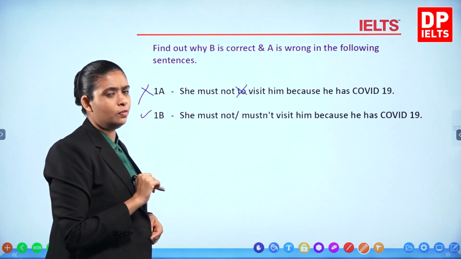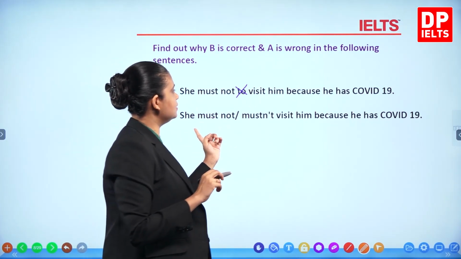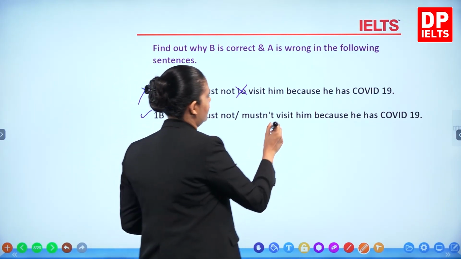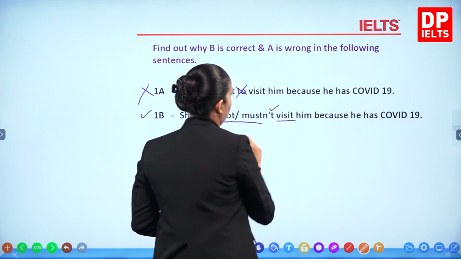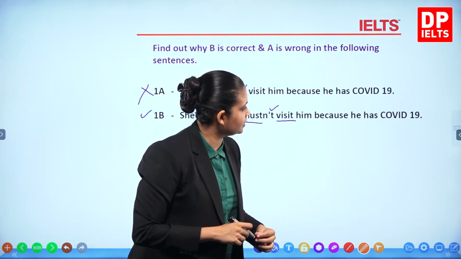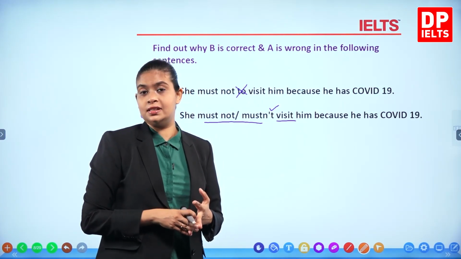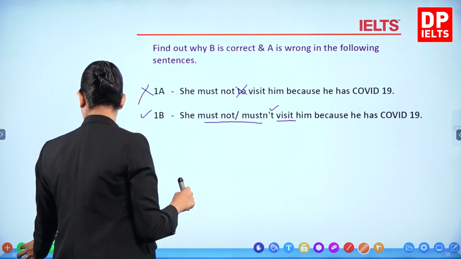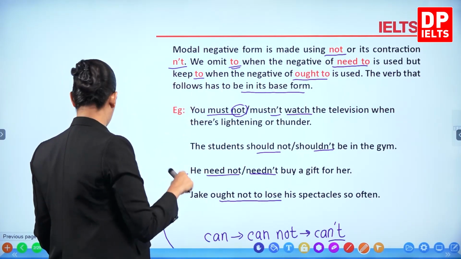The negative form, remember, we don't need it. So, she mustn't or must not visit him. The base form and the structure is correct. So, she must not or mustn't visit him because he has COVID-19. Clear? So, it's like the need, the positive one, which I did here. You don't need the to. Okay?